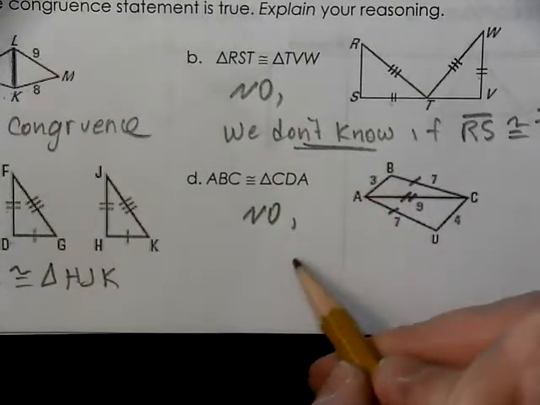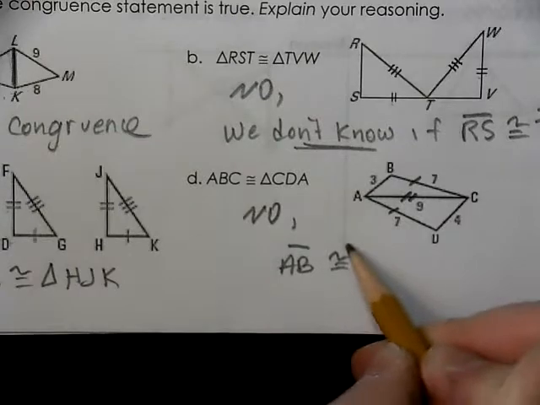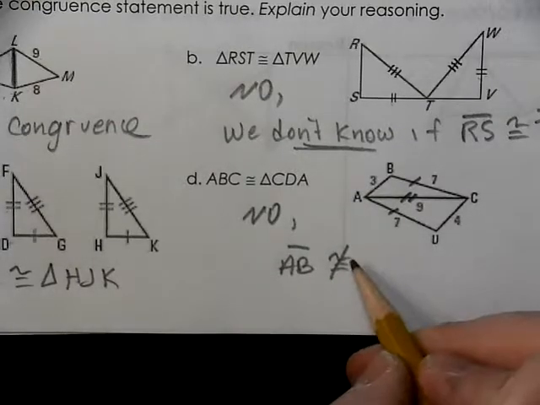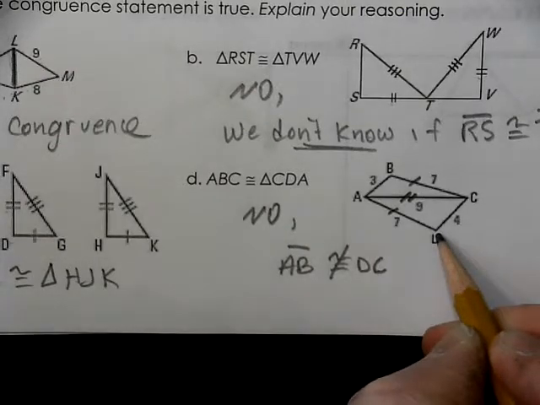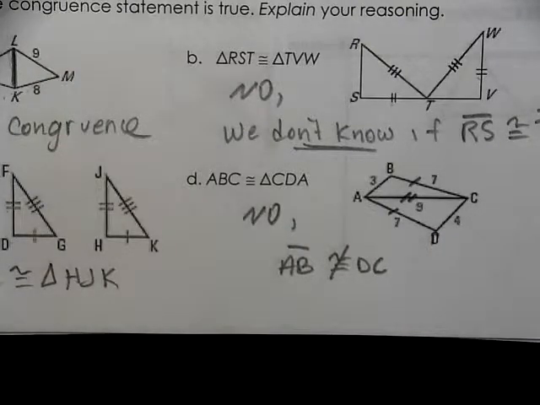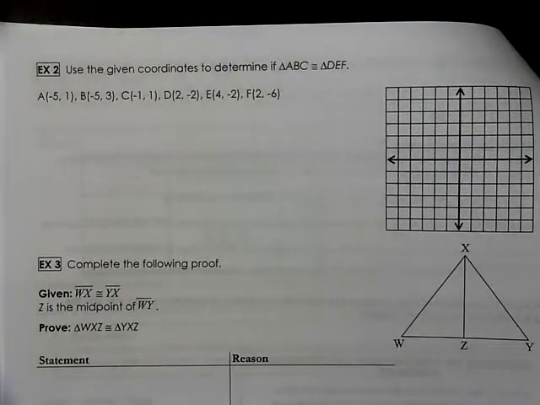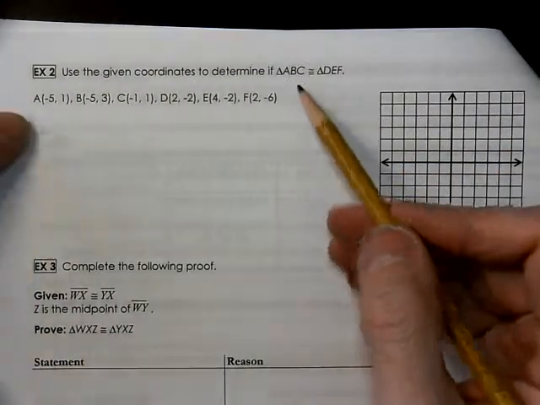No. AB is not congruent to DC. This is a D. On the next slide, we're given triangle ABC.